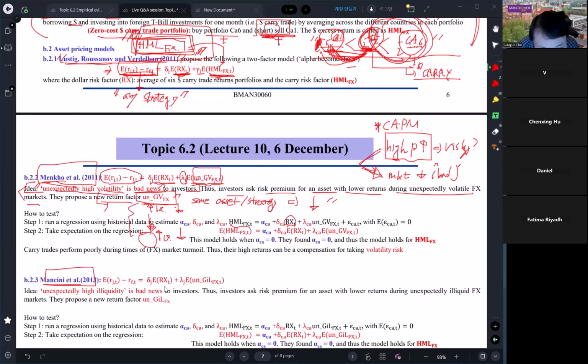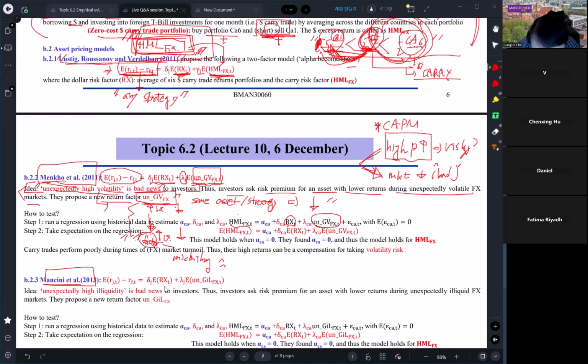What I'm trying to say here is that this so-called factor mimicking portfolio gives us exactly the same changes as this factor. Given that factor mimicking portfolio, we can get the historical value of that here.